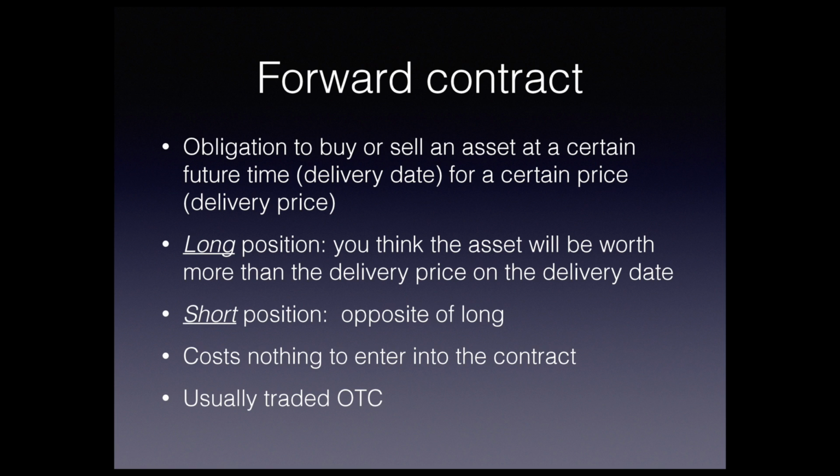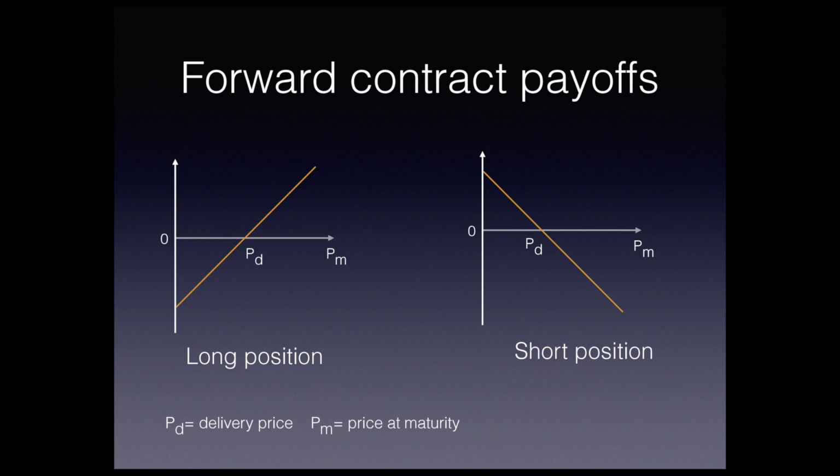By buying that now, they think it's going to be worth more at the delivery date. So they would be able to take mine for $1 and then turn around and sell them for $1.25. And taking a short position is the exact opposite of that. These usually cost nothing to enter the contract, and they're usually over-the-counter type of transactions.